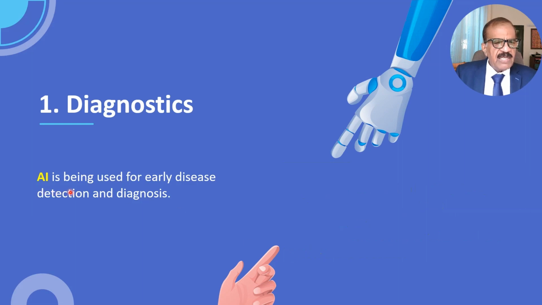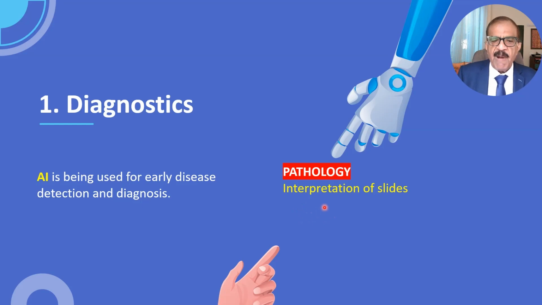And artificial intelligence is being used for early disease detection in pathology also. Now, pathology also consists of data, for example, interpretation of slides, biopsy specimens. One tool we almost always use, and that is usually taken as an ultimate confirmatory sign of a particular disease, is biopsy. So, machine can interpret numerous slides very fast.